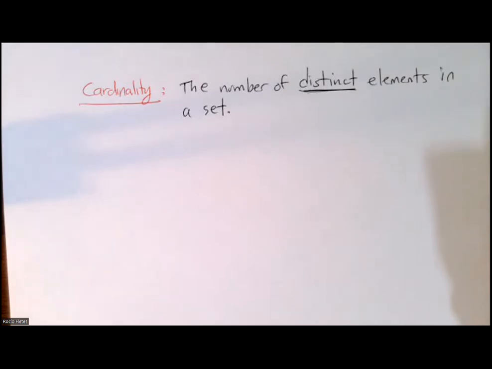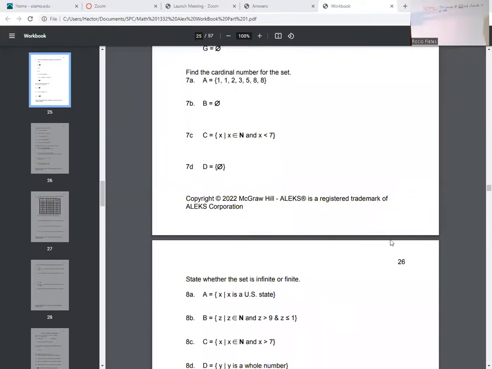So let's go to question number 7, and it has several parts. And we're gonna find the cardinality of 7a. I will explain the notation for cardinality. So how many different or distinct elements do you see in set A?